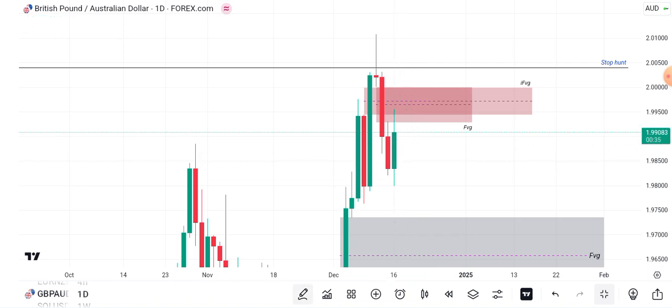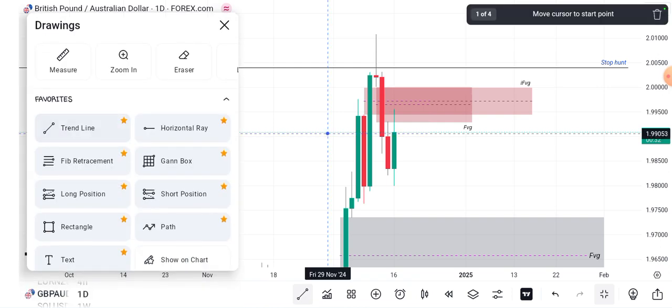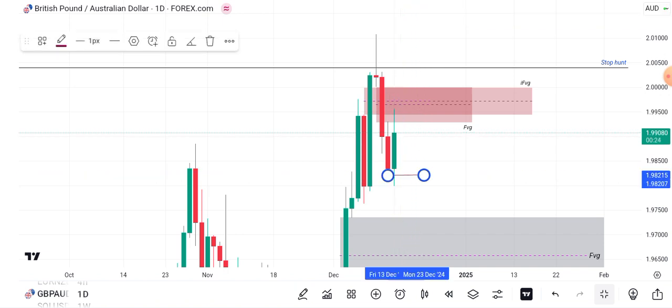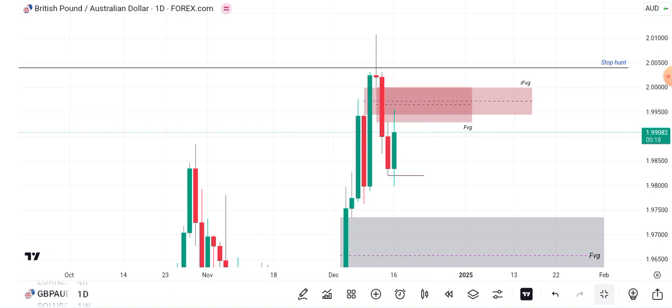Now, because it is a daily time frame, we want to take note of the stop runs that happen. Before price will rally higher, you want to see stop runs like that on the sell side liquidity.